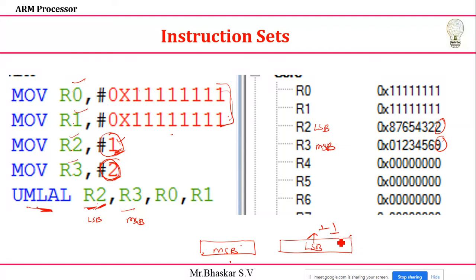The MSB register value will be added to the MSB, and the result will be stored in the same registers. This is stored in R3 and in my R2 register. So these are the results I am getting. This is the usage of my UMLAL instruction.